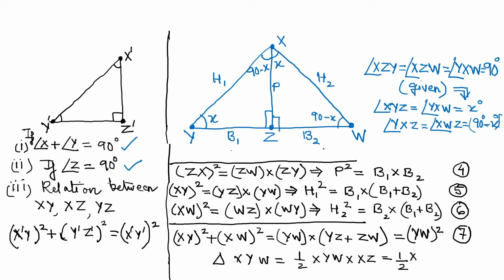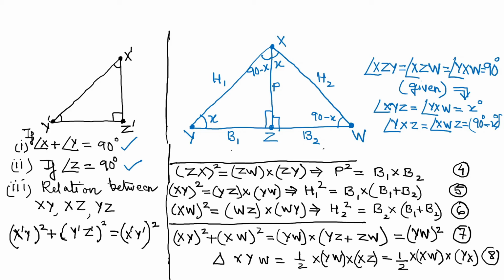which is the same as half into base. So if I just change the orientation here, the orientation I'm referring to is, if I take the triangle YXW, I know that the angle X is also 90 degrees. In that case, we are saying that this is half into base, which is XW, into height, which is YX. Let's say this is the 8th conclusion that we get from this entire discussion, which comes as an application of a right angled triangle.